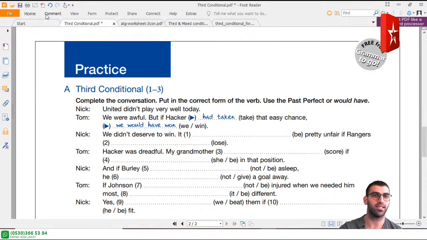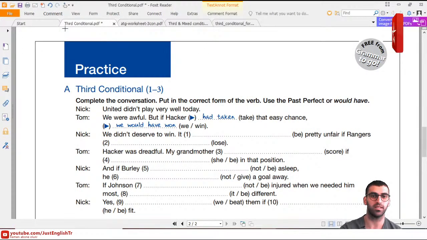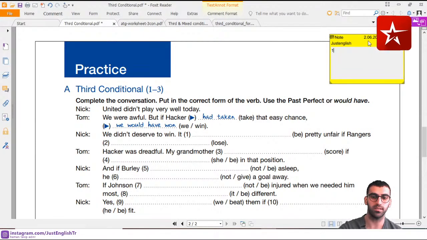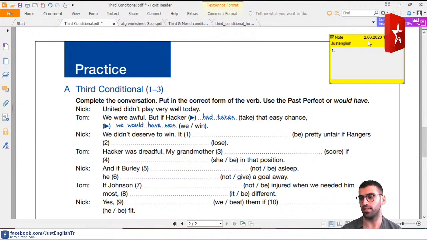Let's start with number 1 and try to answer these sentences. Number 1 starts with it, so it's a main clause and we have to use would, have, and been.